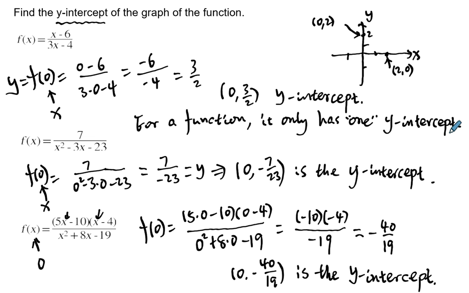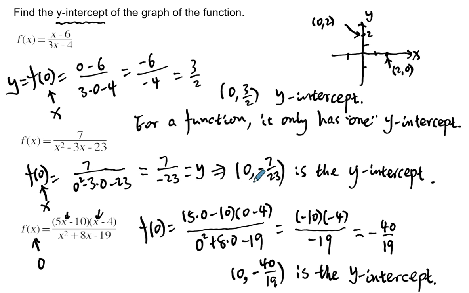So we have here, let me highlight it longer. So 0, comma, and then negative 40 over 19 is the y-intercept.